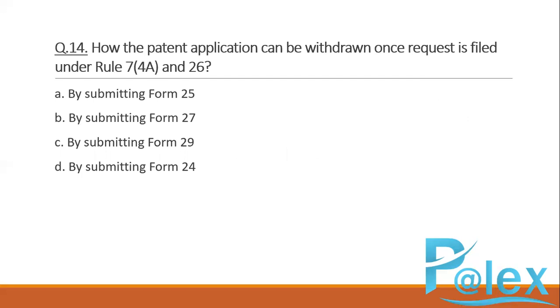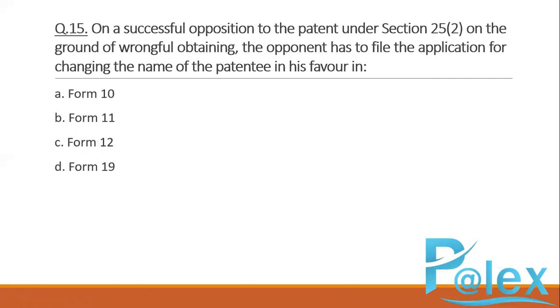The patent application can be withdrawn once request is filed under rule 74A and 26 by submitting form 29. So the form for withdrawal of a patent application is form 29. On successful opposition to the patent under section 25(2), which is a post-grant opposition on ground for wrongful obtaining, the opponent has to file the application for changing the name of the patentee in his favor.